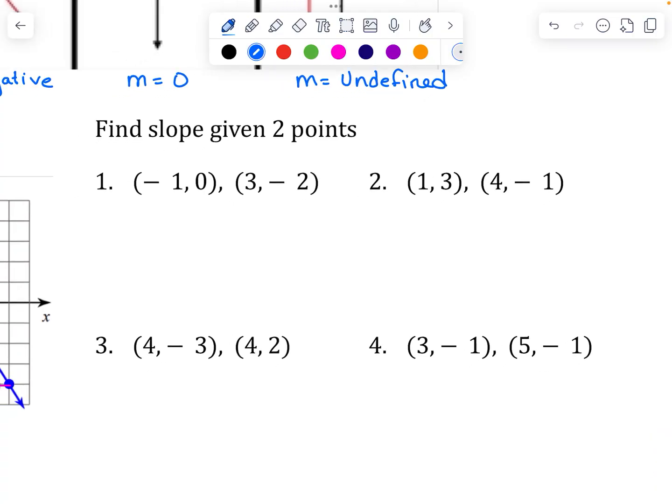So first thing I need to do is label my points. My ordered pairs are always in x, y. And we're just going to label this first one x1, y1, and the second one x2, y2.